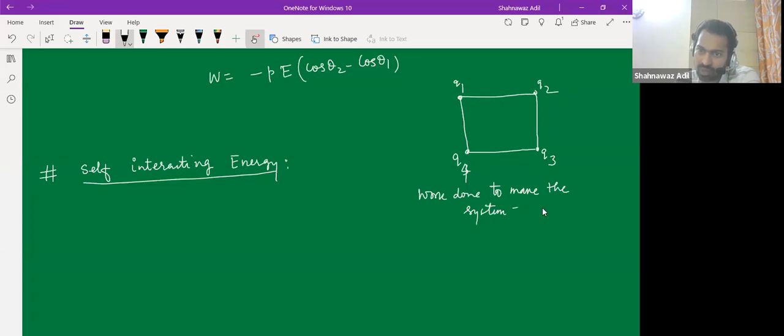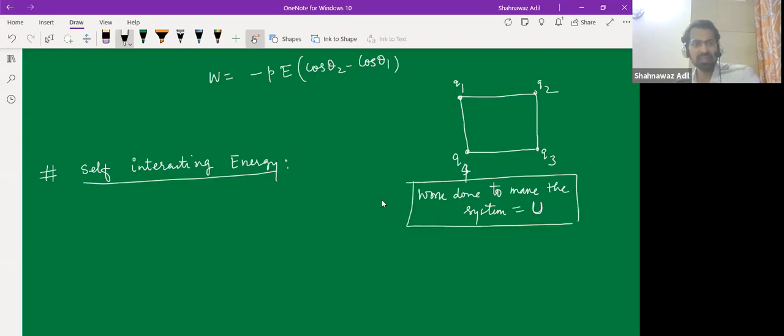This we call the potential energy. So what is the self-interacting energy?